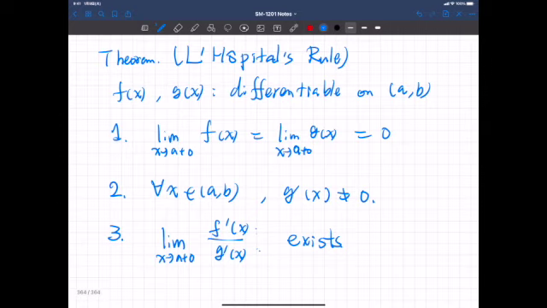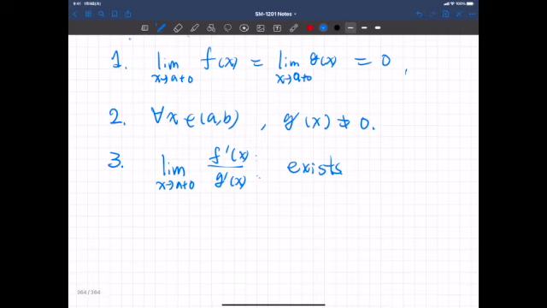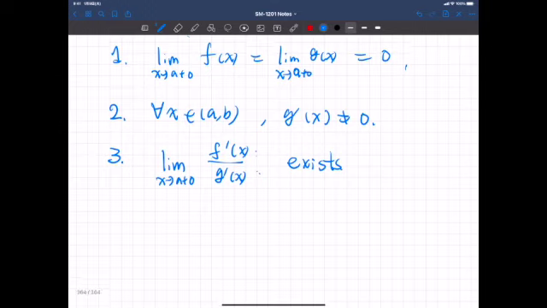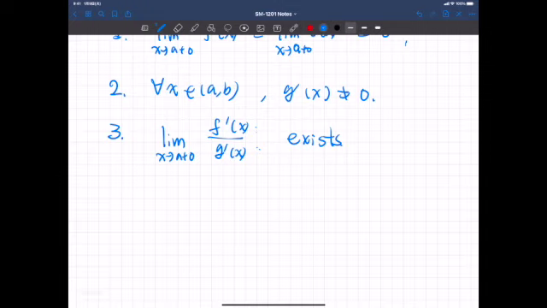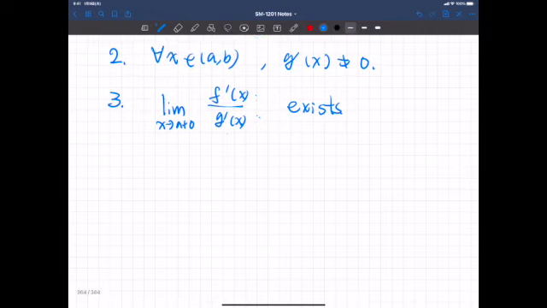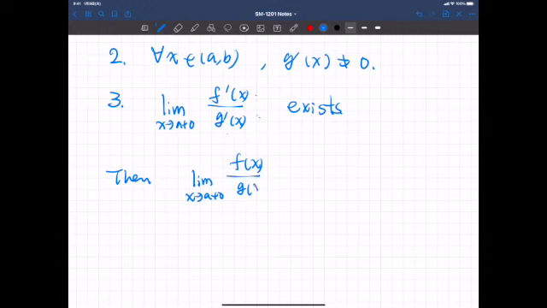So again, we have f and g such that their right limits are 0, the derivative of g is never 0, and the ratio of f prime and g prime has a right limit. Then the right limit of f(x) over g(x) exists.